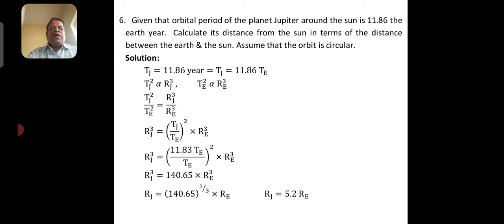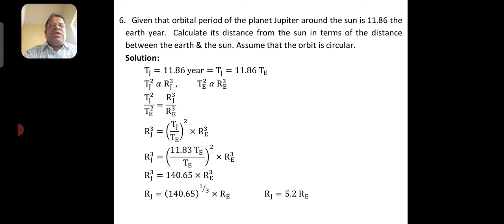Now, you know the square of the period of revolution is directly proportional to the cube of the semi-major axis. That is Tj square proportional to Rj cube, and Te square proportional to Re cube.